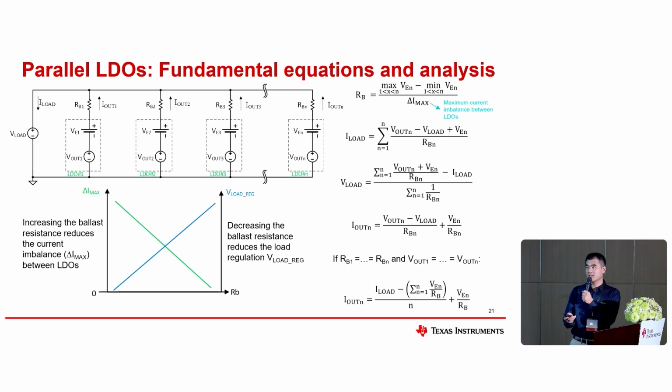So it will be better for the current sharing between the different LDOs. But the drawback is that load regulation is worse, because the voltage across the ballast resistor will increase, so you will get a lower output voltage here. So it's a trade-off. Fortunately, we can also find an optimized point here.